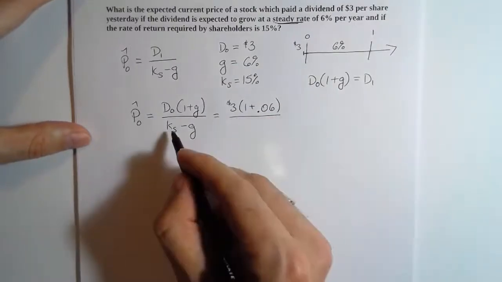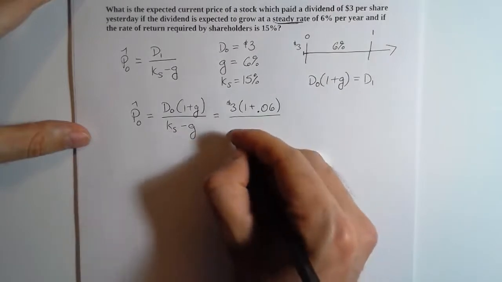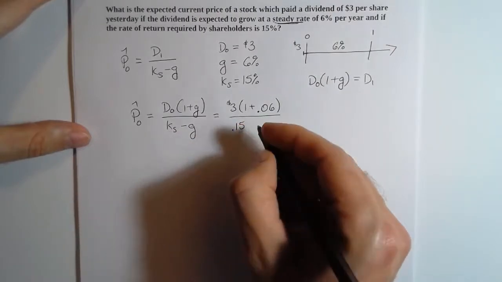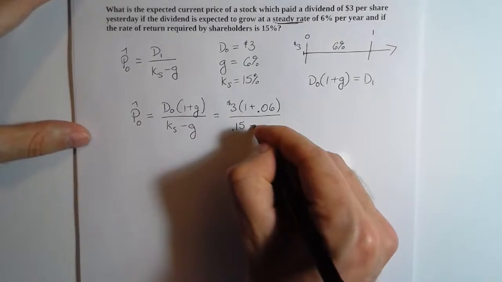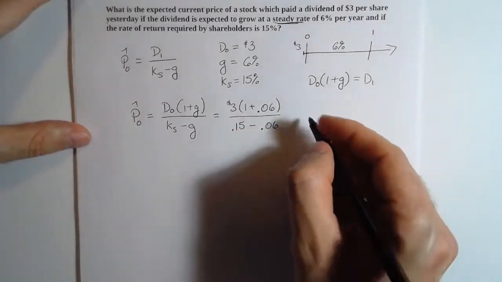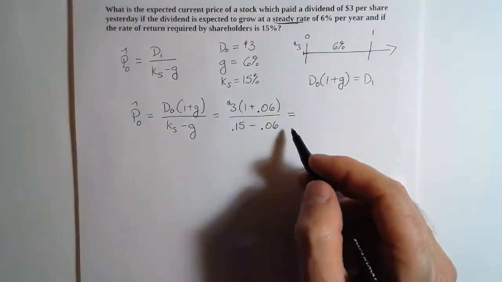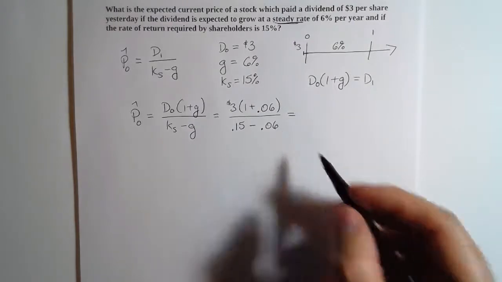And then what we have here is Ks, which is the required rate of return, again putting that in decimal form. And then our growth rate is the 6%, so in decimal form, 0.06. And then if you work that out, we can see what the expected price of the stock would be today. So I recommend that you pause the video and work that out and see what you get.